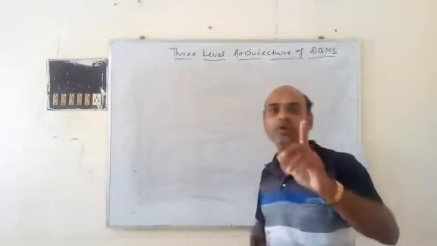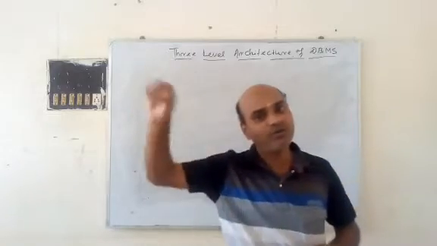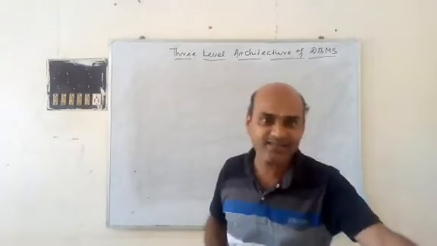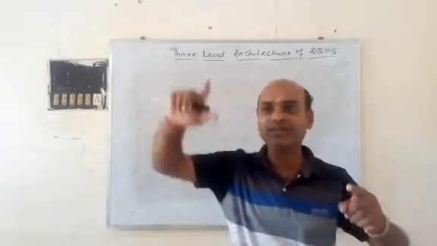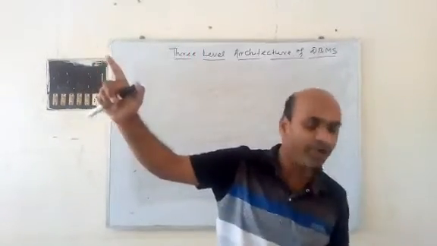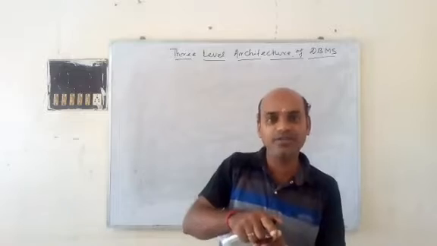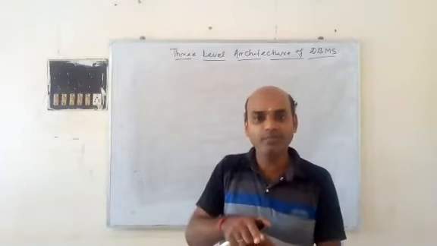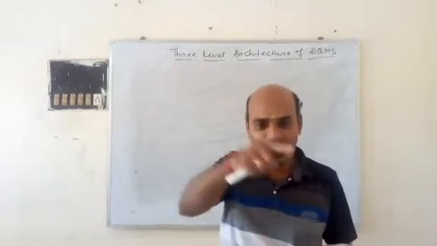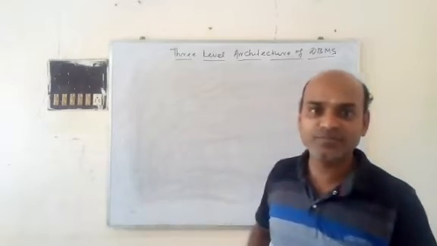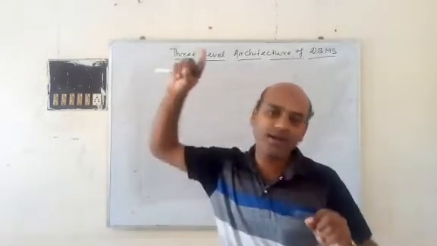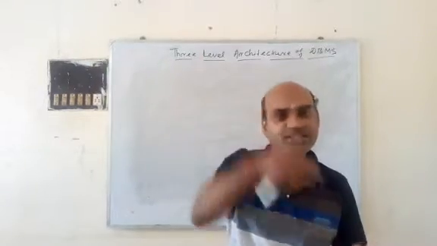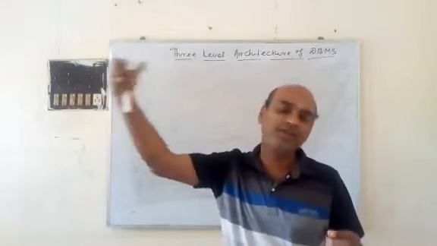So in one level there is the account holder, in another level there is the cash deposited in the box, and in between these two levels there are the bank employees. Through bank employees or through the banking system, the account holder can receive money from the bank and can deposit money into the bank.